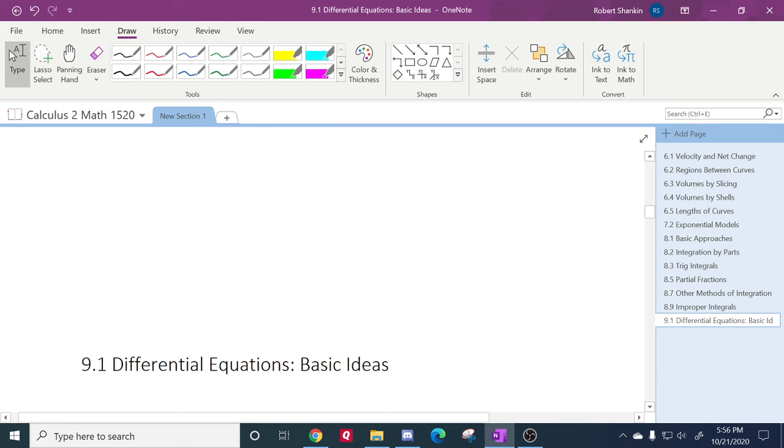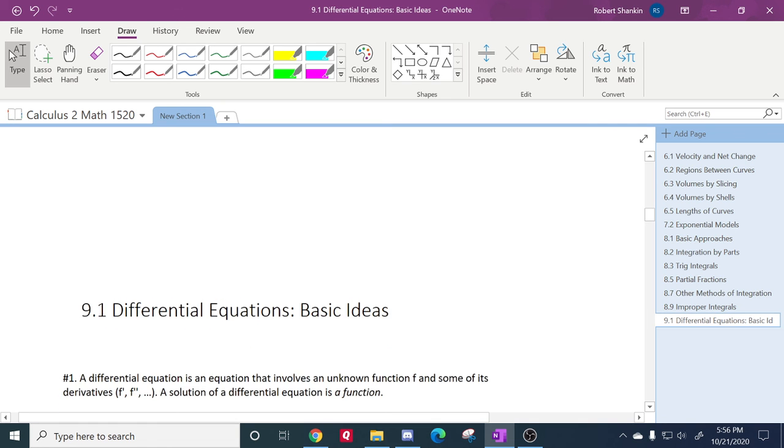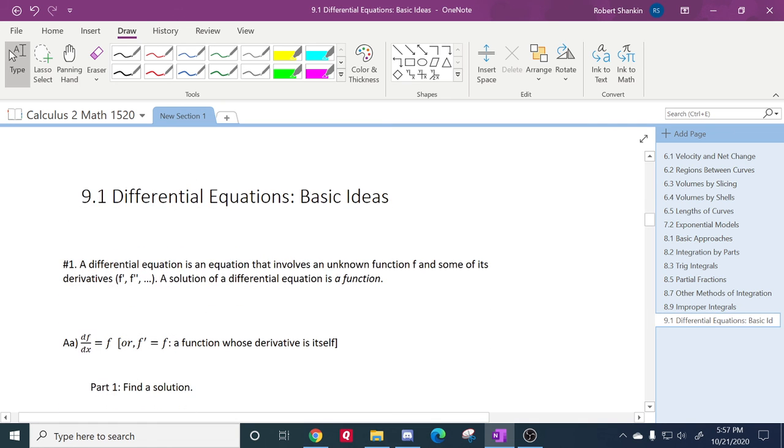Let me flip. Today, let's do 9.1 first, and then we'll go to answering questions on homework problems. Chapter 9 is about differential equations.